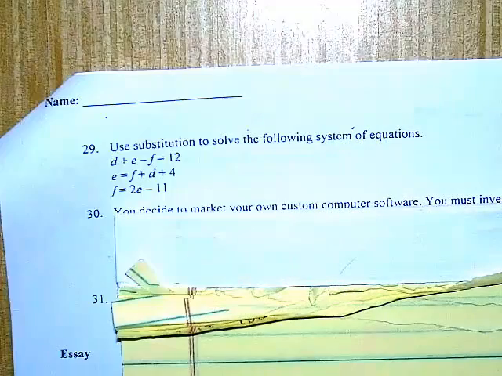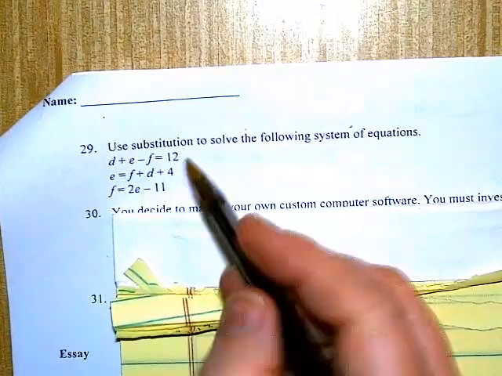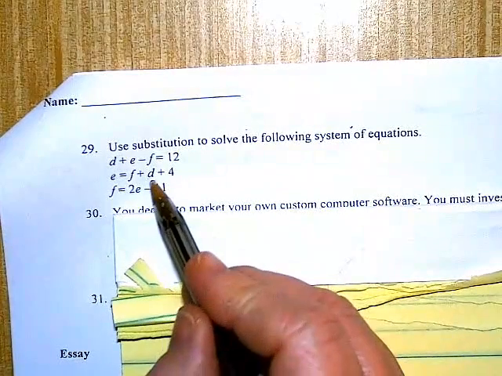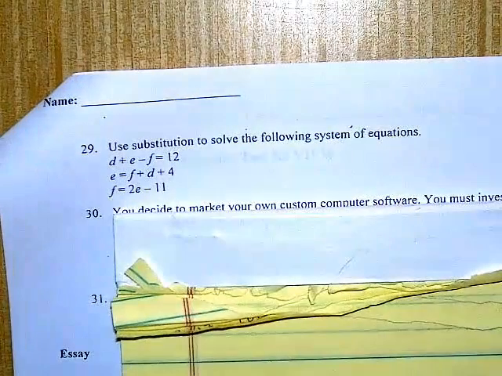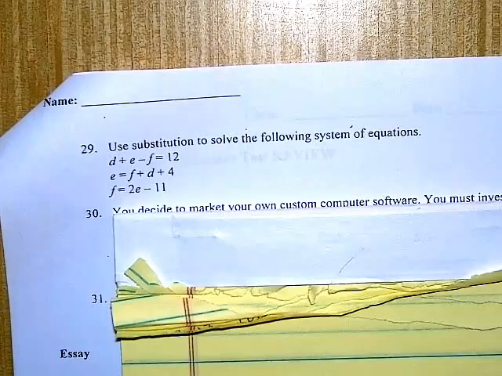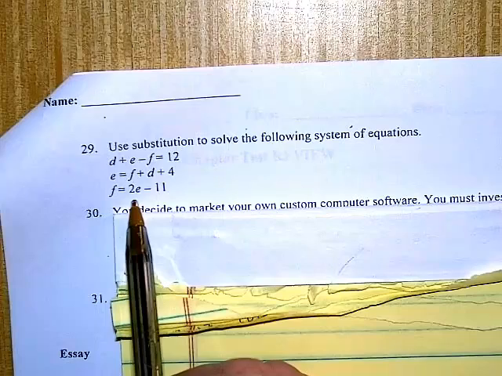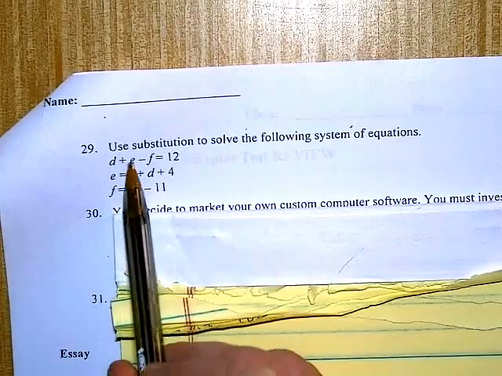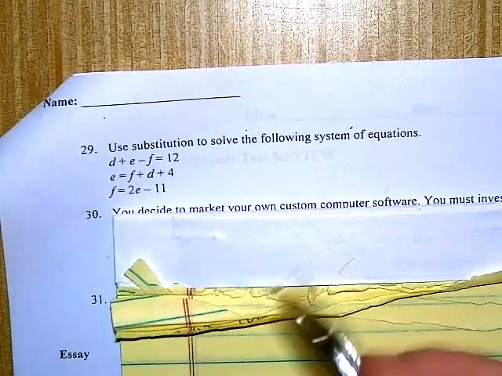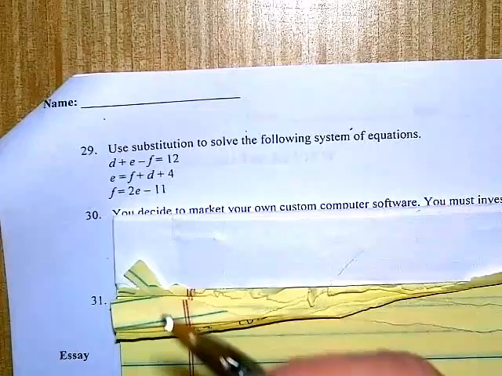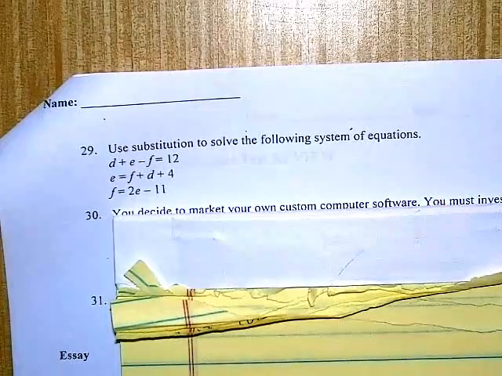Okay. Here we go. E is equal to F plus D plus 4. The bottom equation only has F and E. So you need to get the top two so that they only have F and E, or you need to eliminate something else. What's your strategy here?